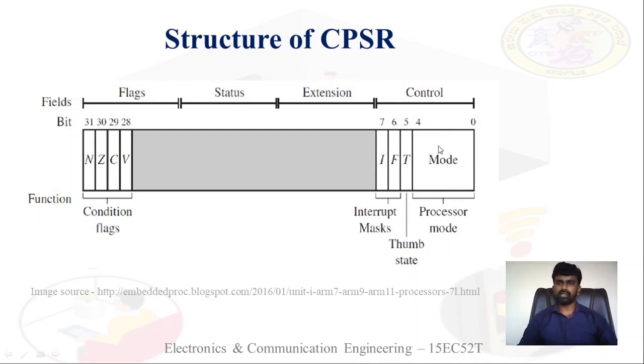The 5 bits, 0 to 4, are used to select the particular processor mode, either user mode or abort, and so on. This is the flag field. In this there is a negative flag, zero flag, carry flag, and overflow flag. So these are all the different fields in the CPSR. We'll study them one by one in the next slide.